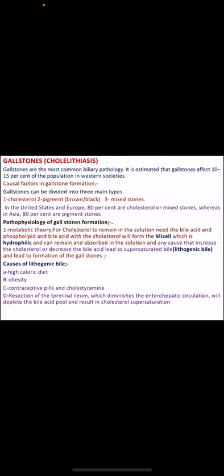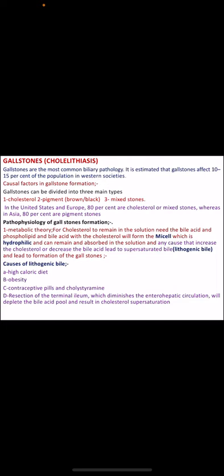The cause of the gallstone can be divided according to theories into three. The pathophysiology of gallstone formation can be divided into the metabolic theory. Before that, we can classify gallstones into three types: either cholesterol type, pigmented type, or mixed stone.